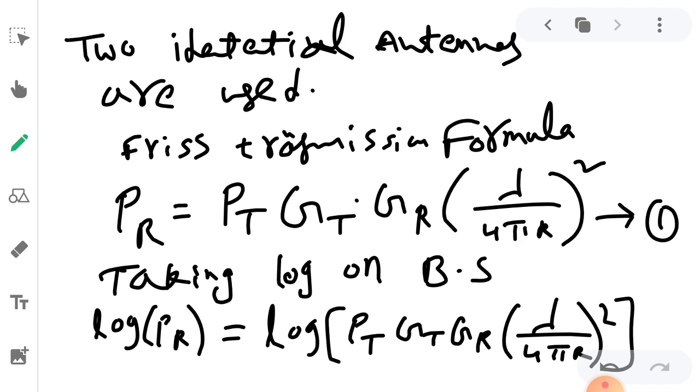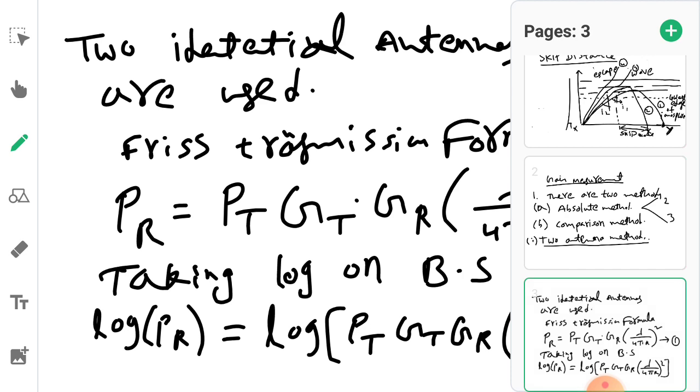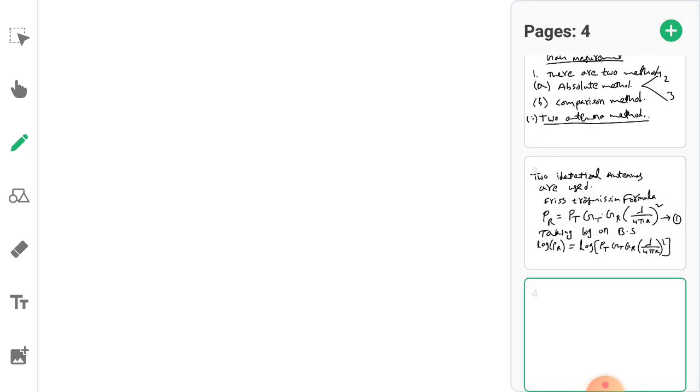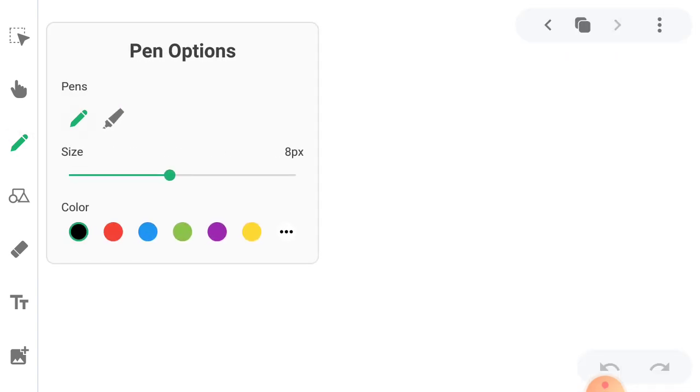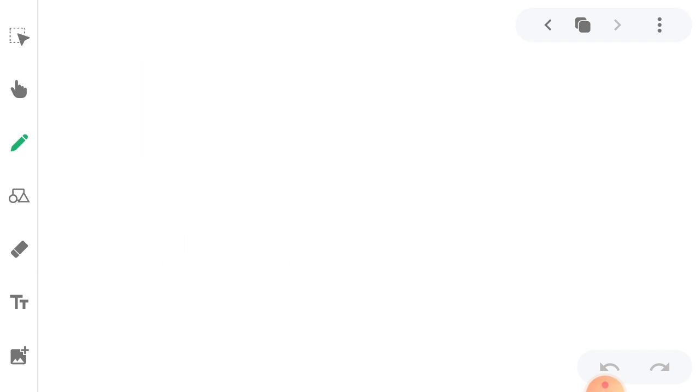Four terms here we have, and we apply log on these four terms. On the left hand side it will be the same, log PR, but on the right hand side it is like log ABCD.